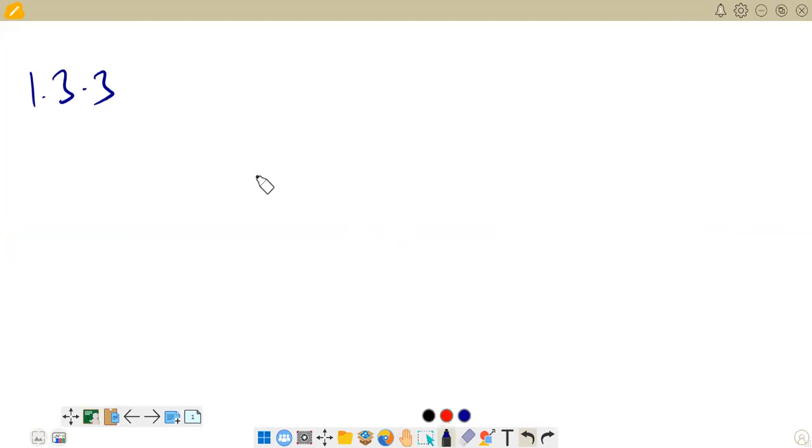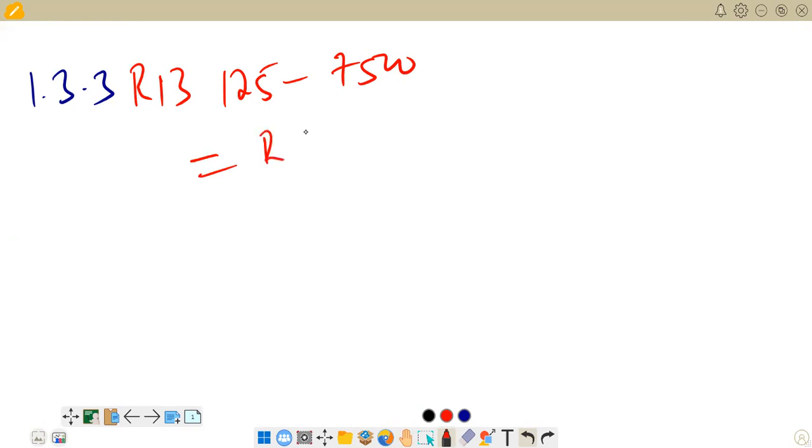We come here and say 13,125, then we subtract our 7,500, and we get our gross profit, which is 5,625. So this represents our gross profit. That is what we have for the first part of 1.3.3. This is our E.